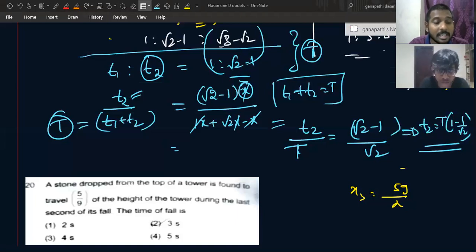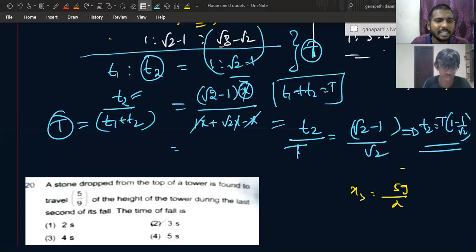Ratios of displacement can be asked in the coming years too, since the displacement ratio has been given a number of times. So this question is clear. Similarly, can you solve this question at home?